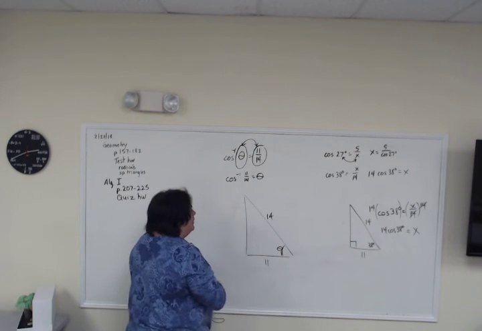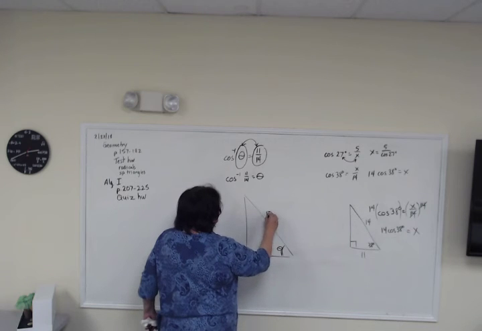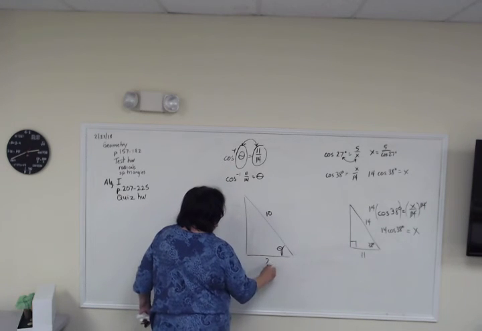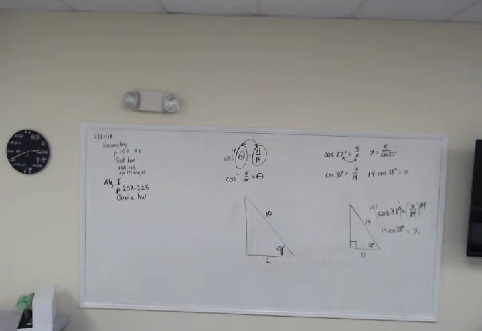Now, figure out what the measure of this angle is if this is 10 and this is 2. Figure that out with a hypotenuse of 10.